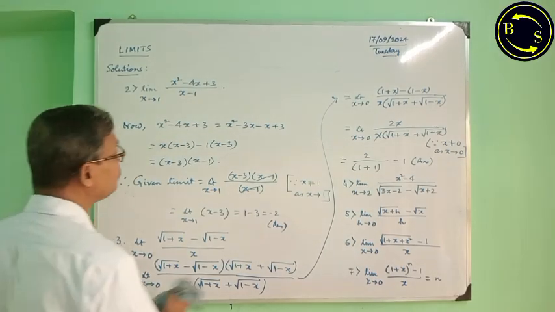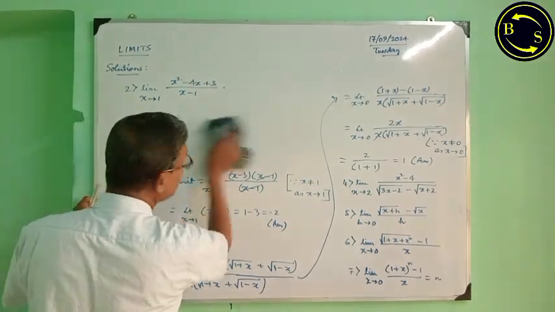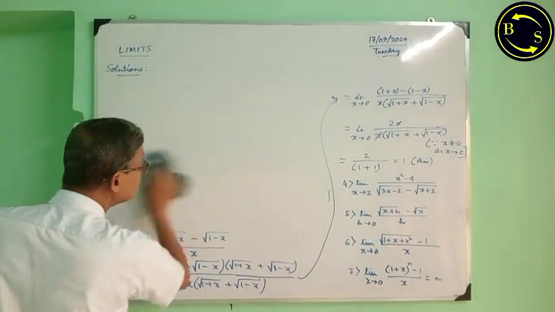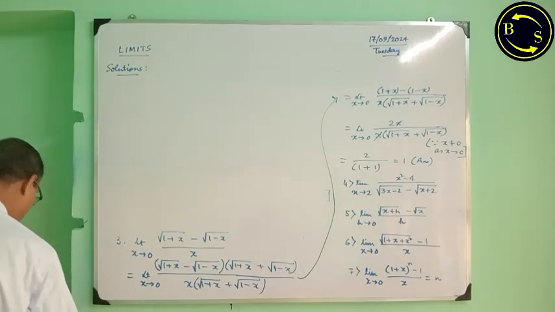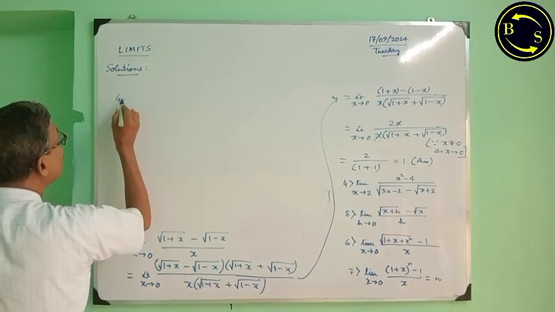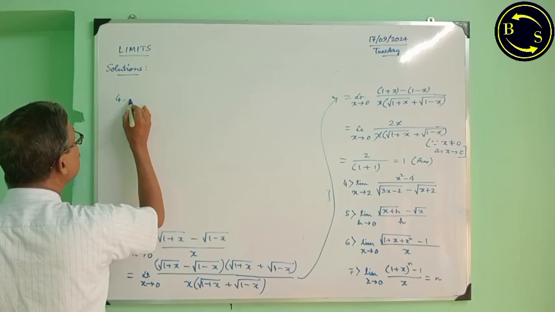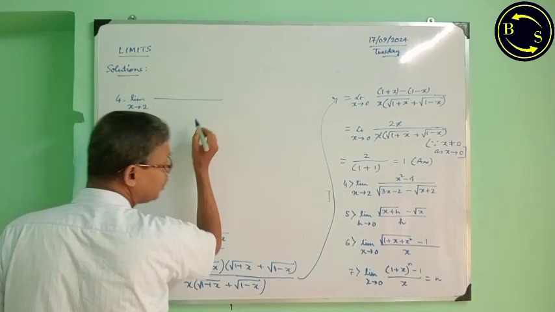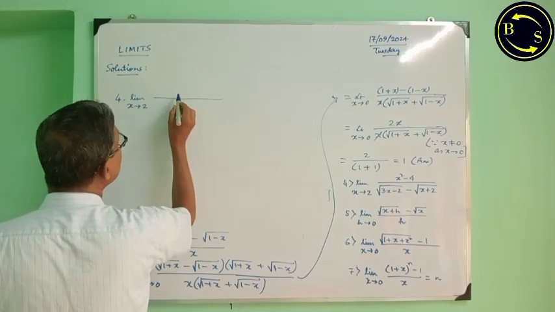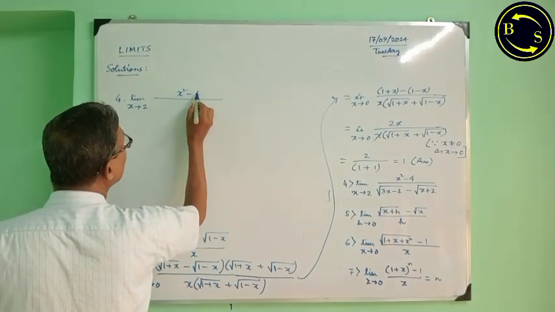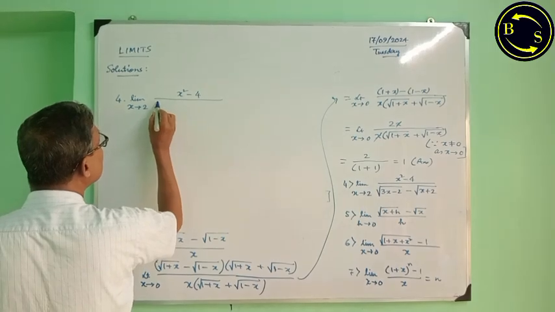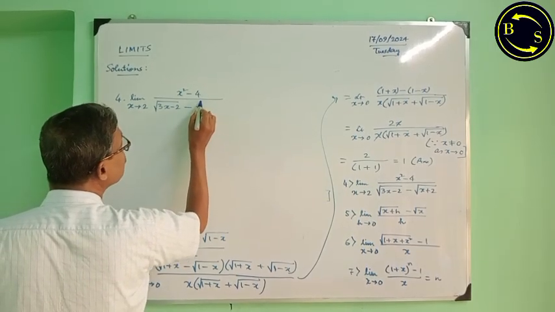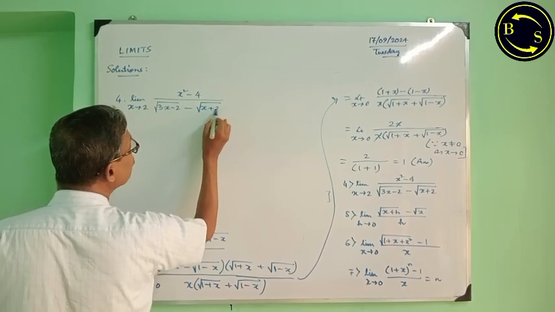Next I move to sum number 4. Limit x tends to 2, numerator is x square minus 4, denominator root over 3x minus 2 minus root over x plus 2.